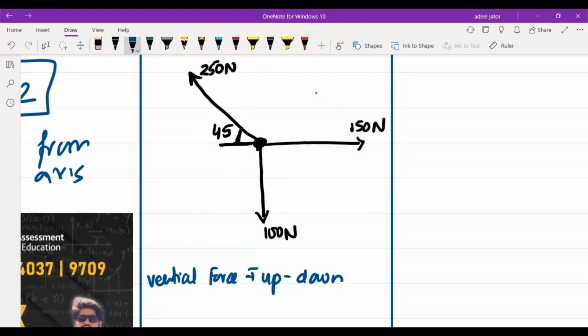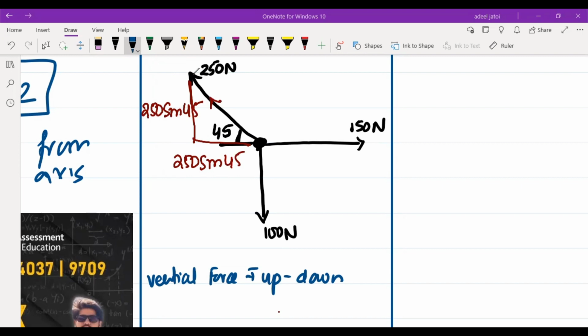The upward force will be, since we know that this is 45, this will be your upward force. So we make sure that this is 250 sine 45, because we can't use the diagonal force of 250.